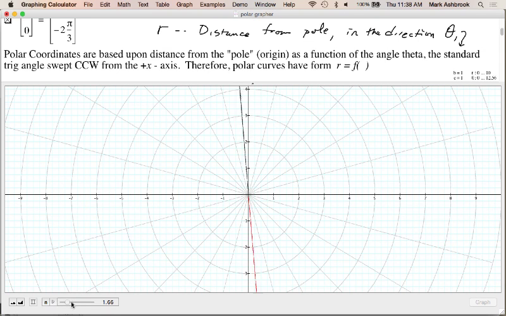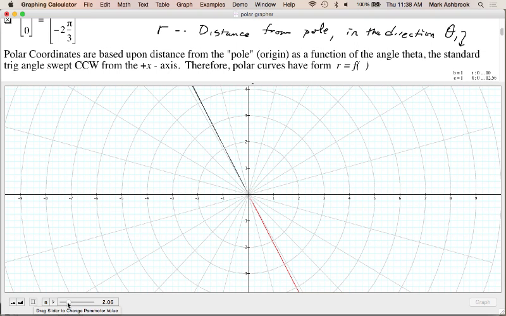So here is, pretty close to 2 pi over 3, okay? This is pretty close to the angle 2 pi over 3. So what's the direction of positive r?